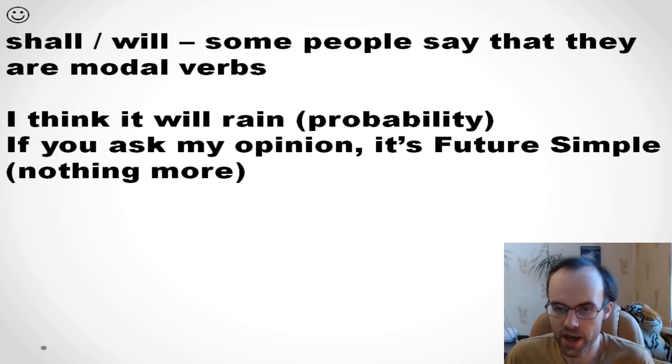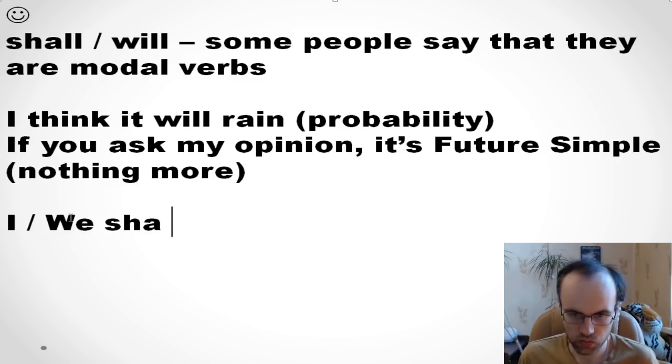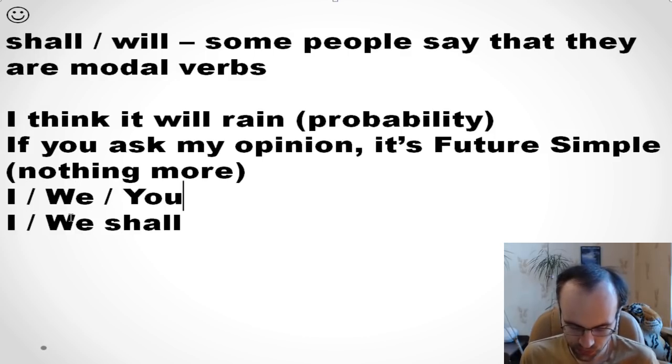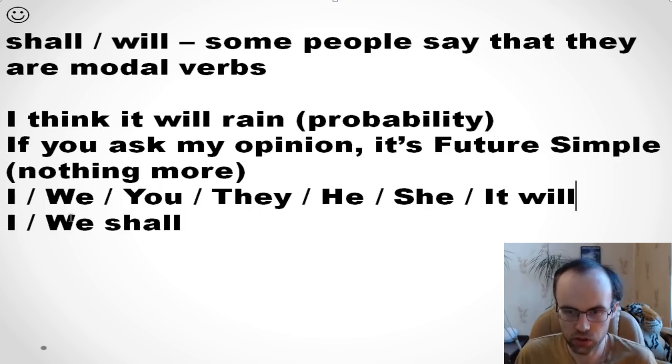Okay, and I have one more question. What is shall? You know, sometimes we say I or we shall. So you know that we use will with I, we, you, they, he, she, it. And it's also possible to say I shall and we shall.